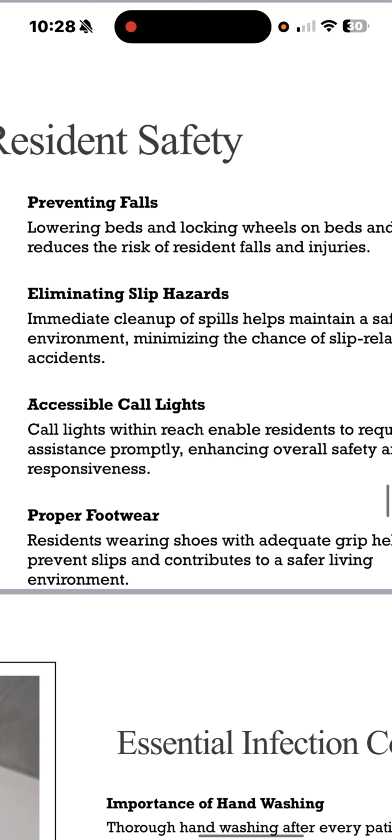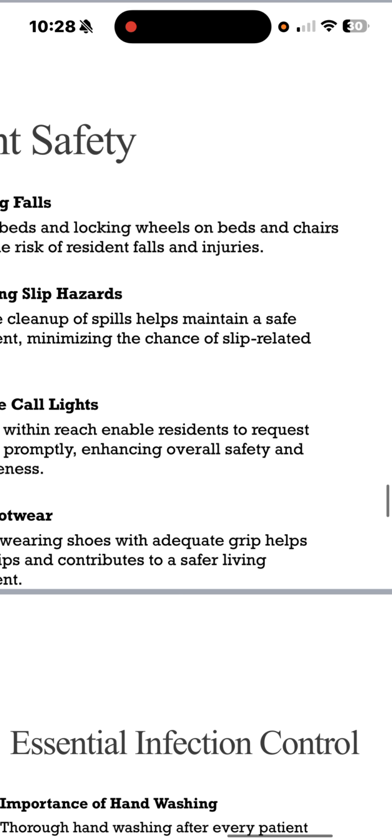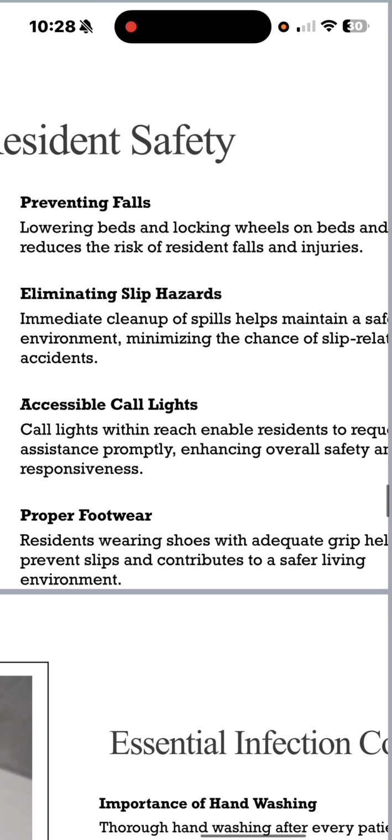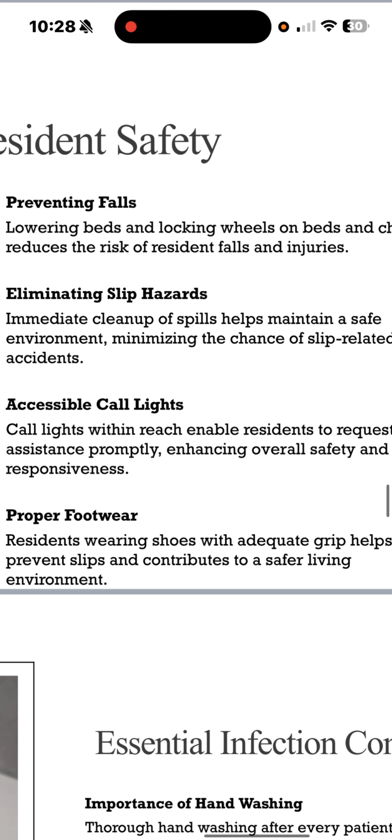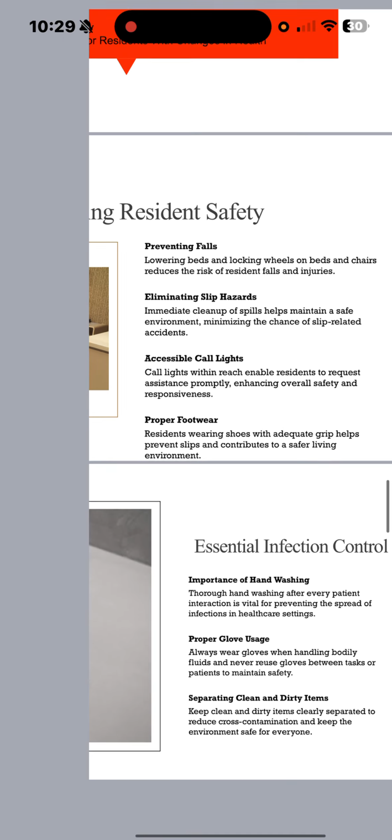Proper footwear. Of course, we must have proper footwear. Improper footwear can cause a hazard to fall as well. Residents wearing shoes with adequate grip helps prevent falls and contributes to a safer living environment.